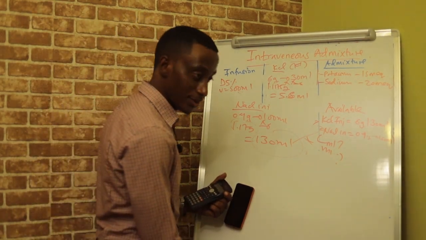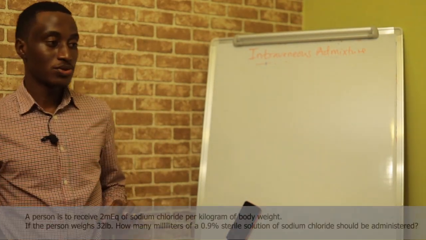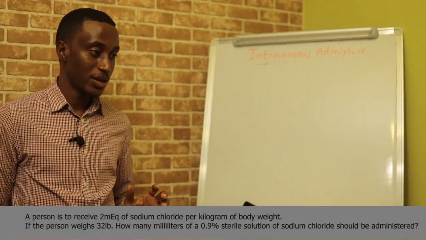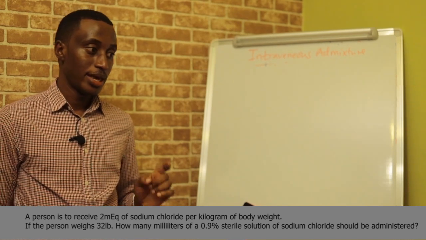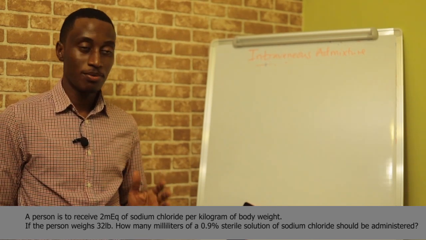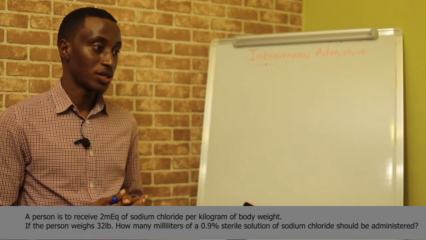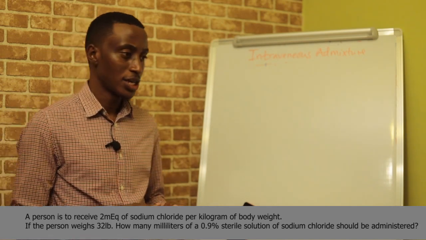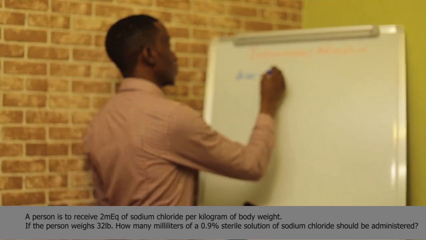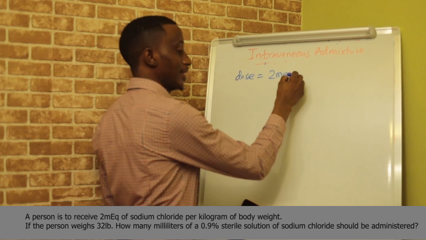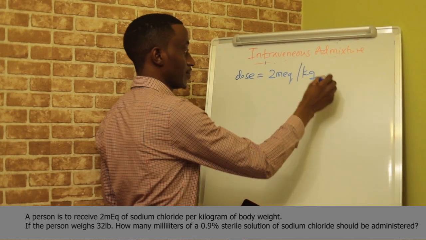The last example states that a person is to receive 2 milliequivalents of sodium chloride per kilogram of body weight. If the person weighs 32 lb, how many milliliters of a 0.9% sterile solution of sodium chloride should be administered? So this person, this is the dose now. This person was to receive 2 milliequivalents of sodium per kilogram.